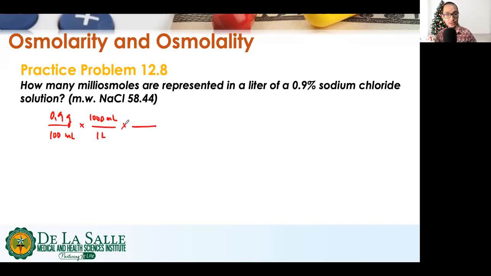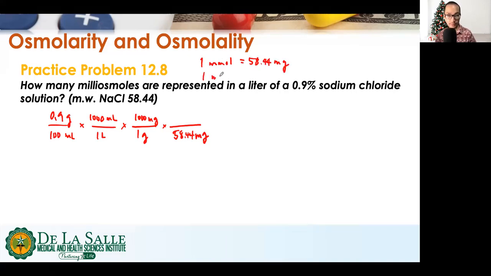Next that we will do, pwede ko siyang i-convert to milligrams, 1,000 milligrams, and then 58.44 milligrams. Okay, this is the weight of how many milliosmoles. Pupunta tayo dito. 1 millimole of sodium chloride weighs 58.44 milligrams.